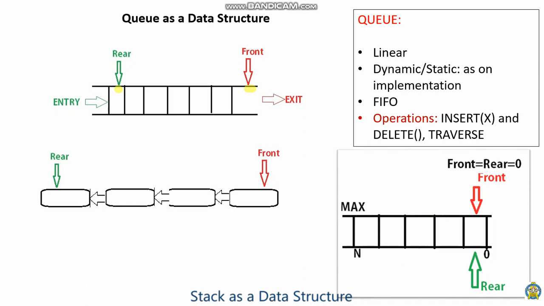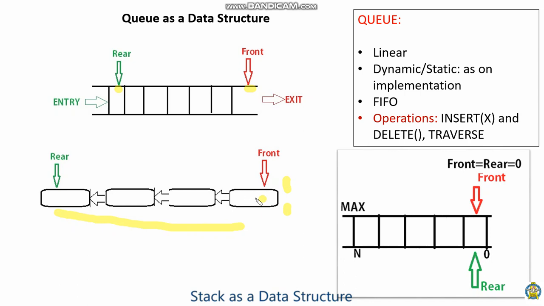When we come into a dynamic representation, let's imagine this as a dynamic representation. We have nodes with values, of course, and they are pointed. Look at the diagram. I think we have just represented it in the reverse order. So this is the first item inserted. So initially rear and front are pointing to null to say that it is an empty list.